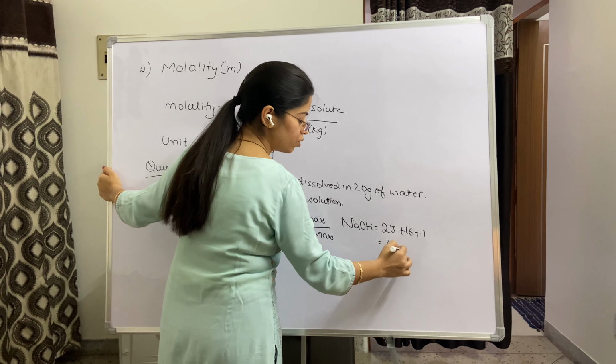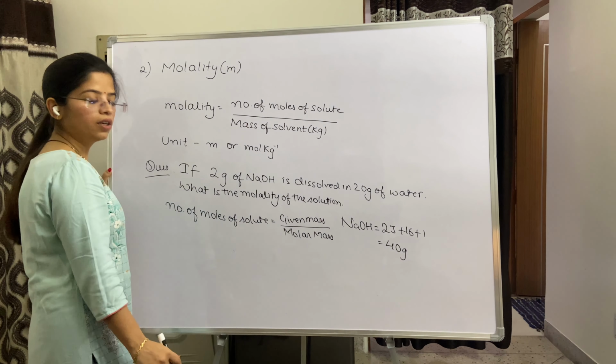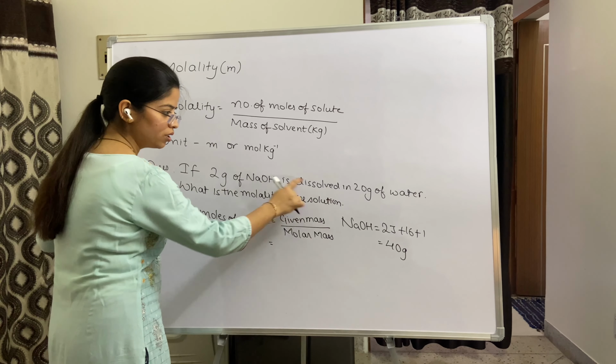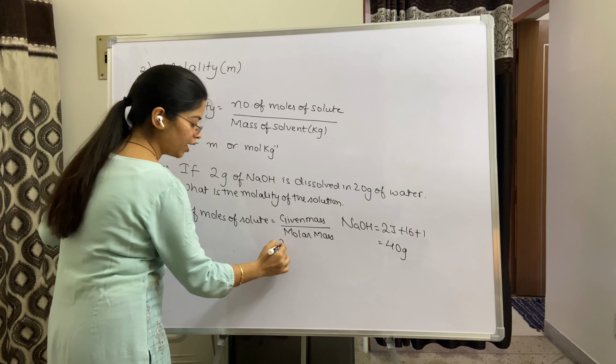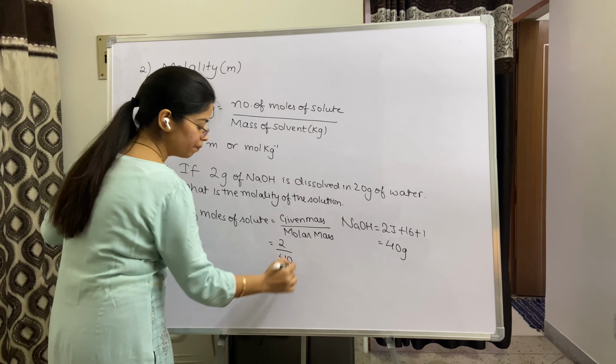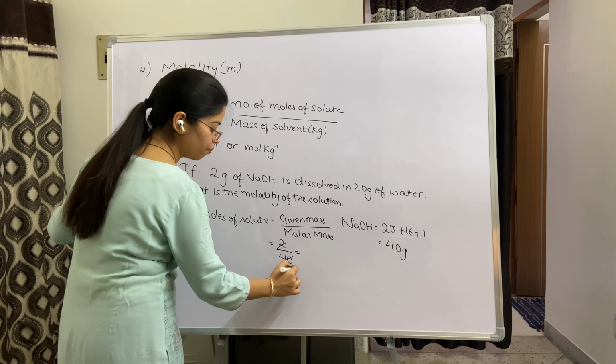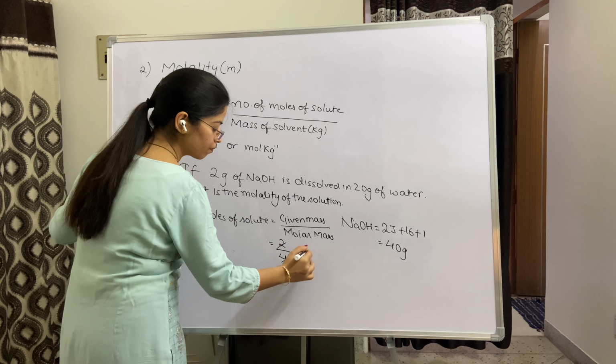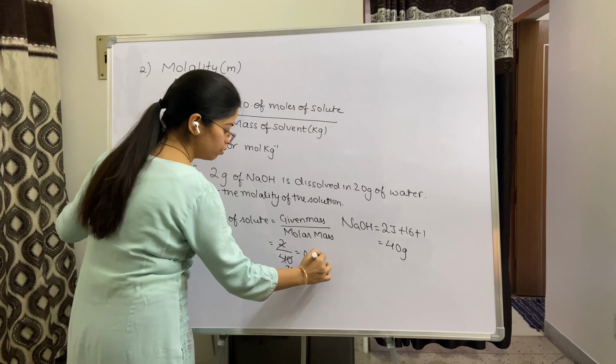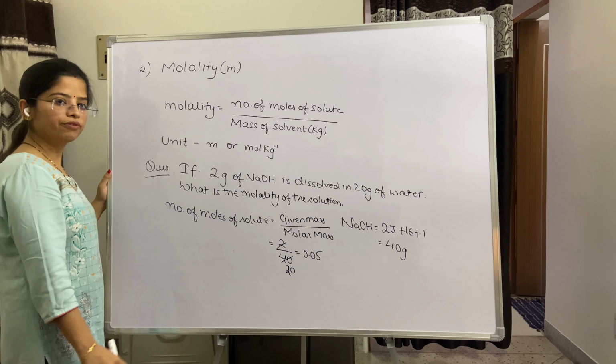So the molar mass of the compound will be 40 gram. Given mass is 2 gram and the molar mass is 40 gram. So it will be 1 by 20, which is 0.05.